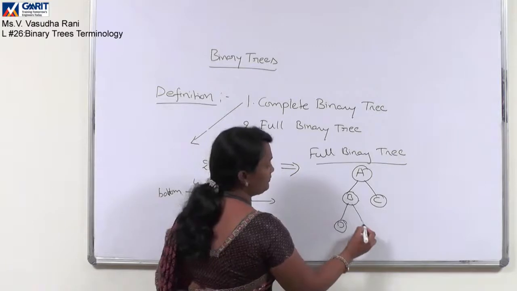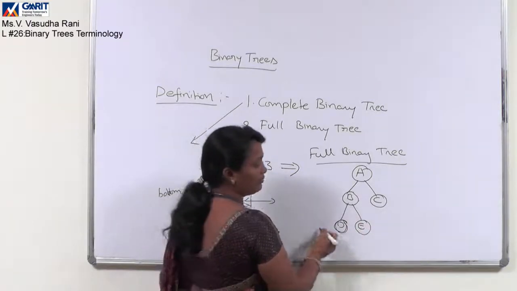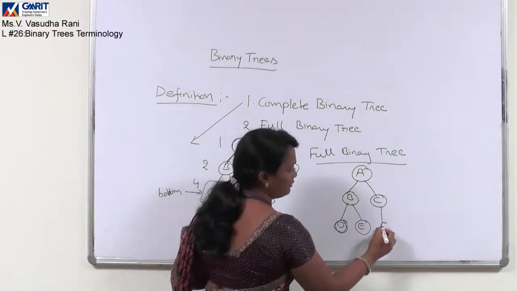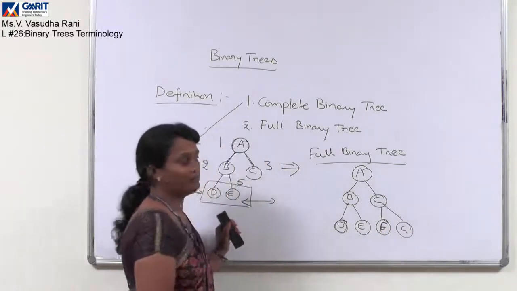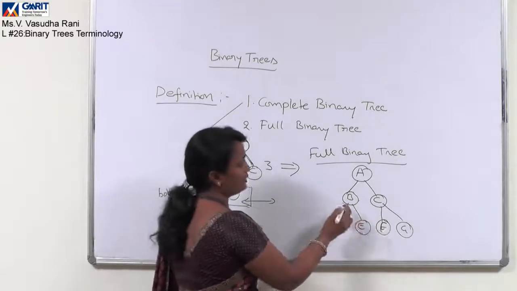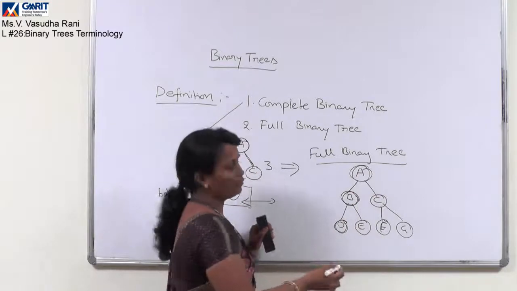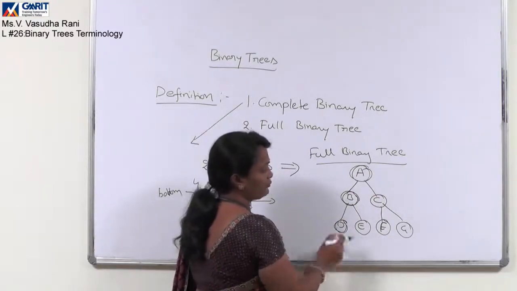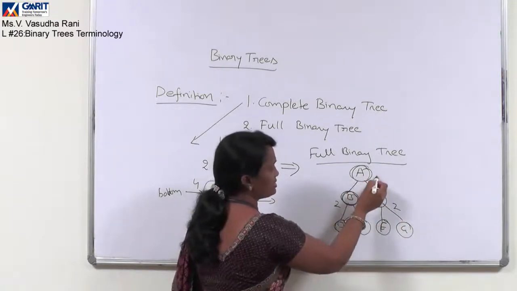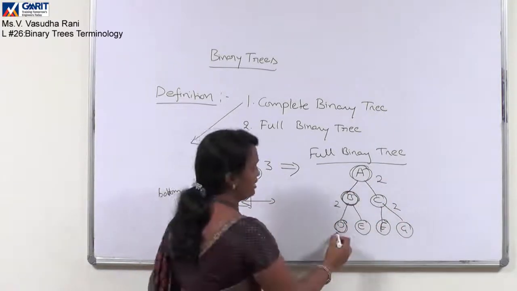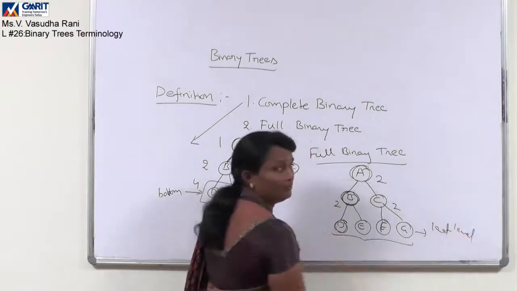Next level, once you start with one node in a particular level, that level should be completely filled from left to right. Here if you observe, every node is having 2 childs only, except these leaf nodes. This node is having 2 childs, this node is having 2 childs, and this node is having 2 childs. And this is our leaf level or bottom level.